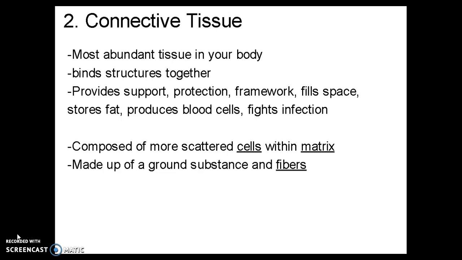Their functions are to bind structures together, so they connect things together. They provide support, protection, framework, fill space, store fat, produce blood cells, and fight infection. So, lots of different functions, and as a result, we're going to see a lot of different structures in these tissues.